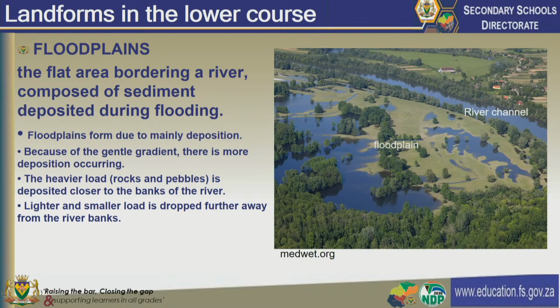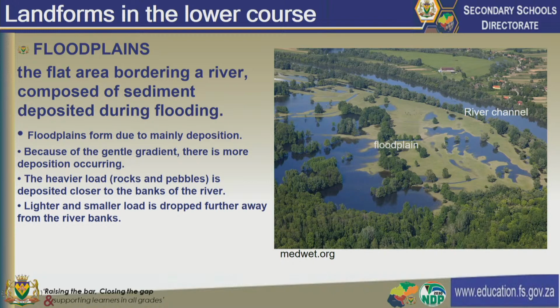Now, these plain flat areas form mainly due to deposition. Because of the gentle gradient, there is more deposition occurring. The heavier load of the rocks and pebbles is deposited closer to the river banks. Again, I want you to take this statement to heart.